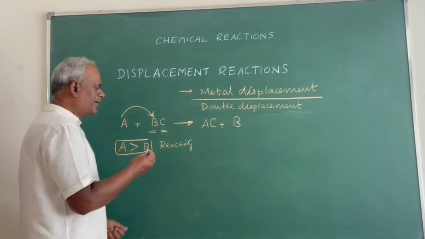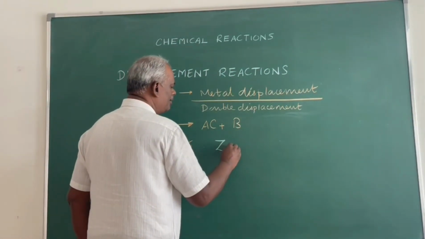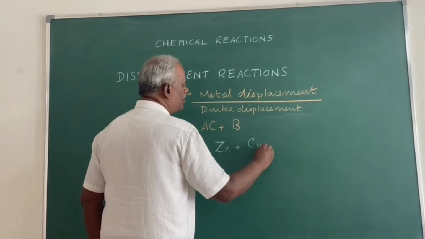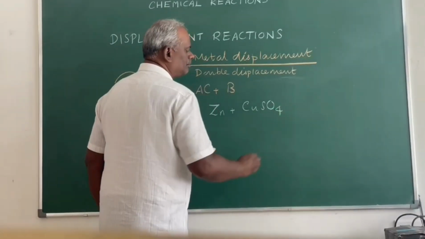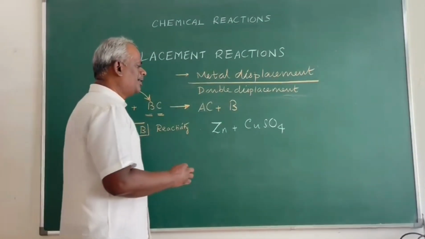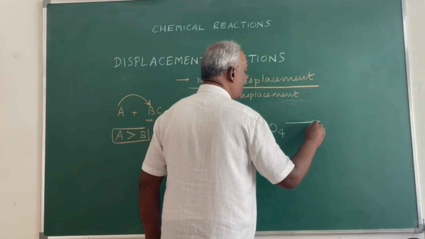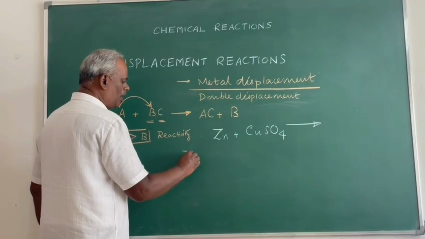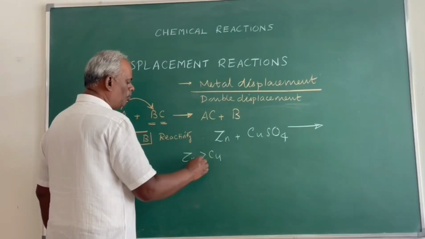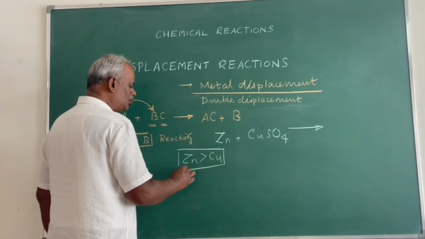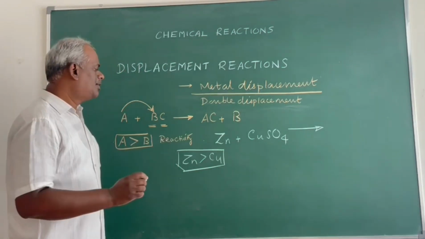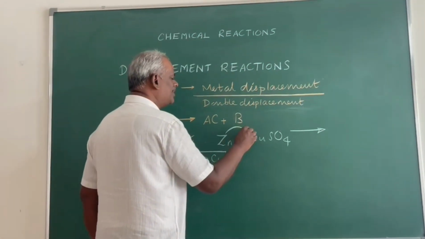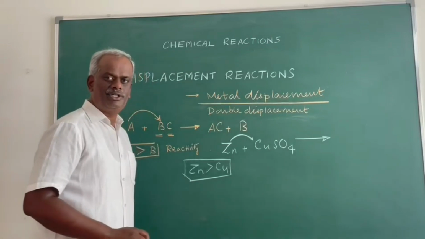We can have some more examples for this particular category. Zinc on treatment with copper sulfate. What is happening? If you compare the reactivity of Zn and copper, Zn is more reactive. We should know that the more reactive Zn can displace the less reactive copper from the copper sulfate.